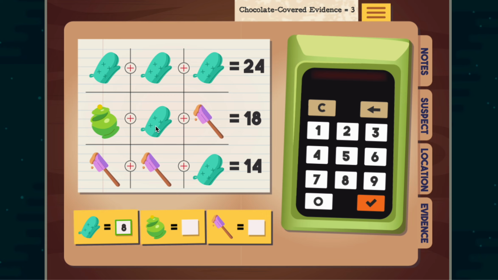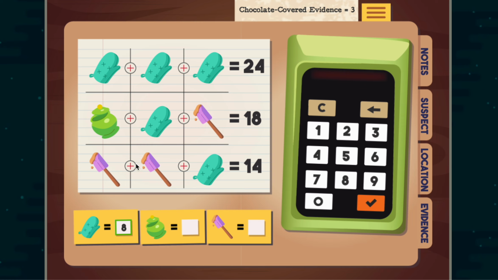So if the mitten is 8, right here we can use this one because these two are the same, the spatula for mixing. We already know this is 8, we are assuming. So these two are identical, so 2 times x plus 8 equals 14.